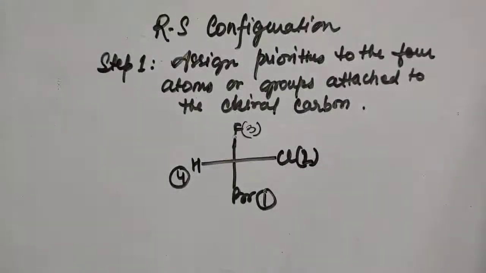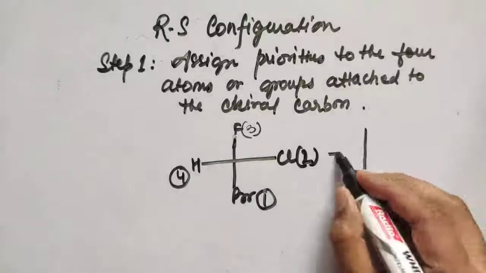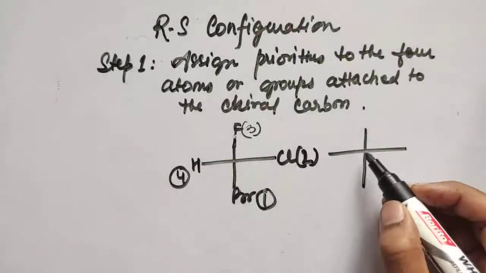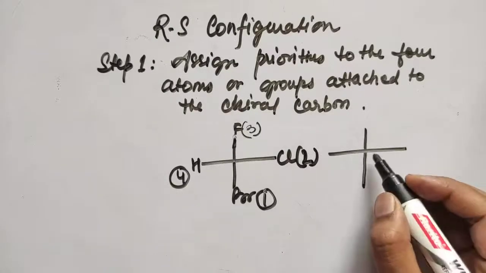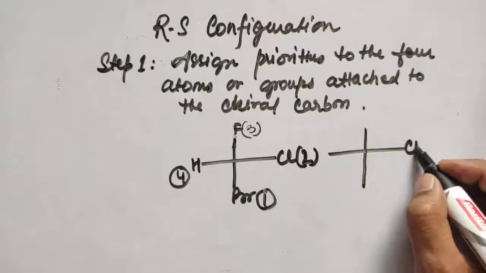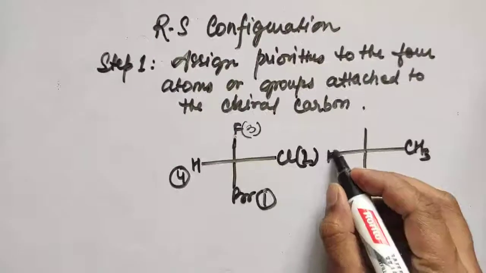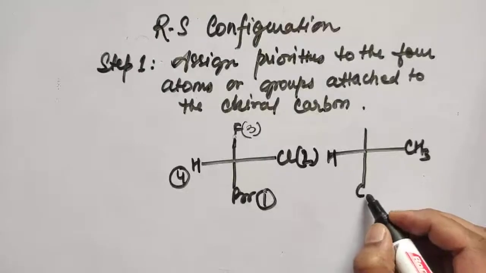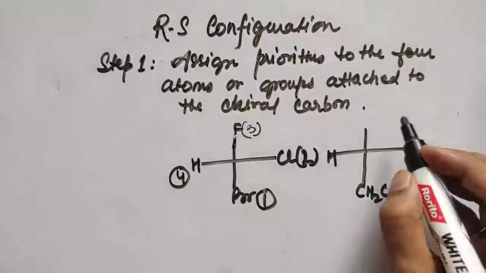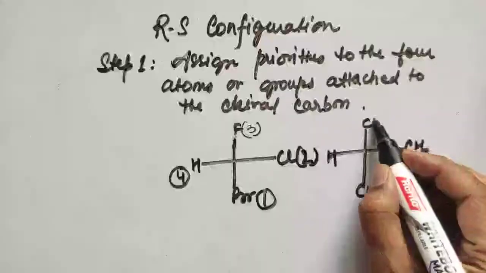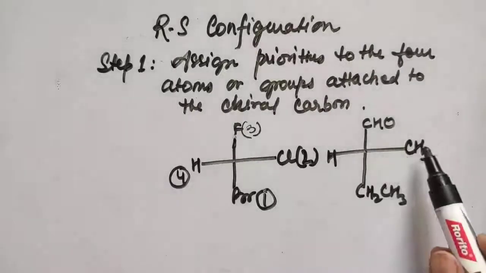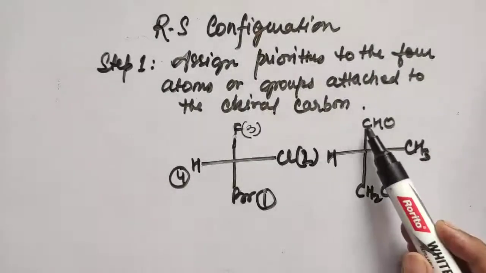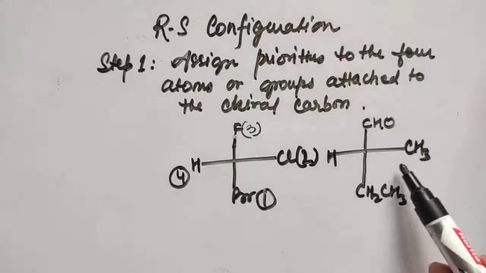Similarly, suppose some groups are attached to a chiral carbon, the carbon having 4 different groups attached to it. Suppose it is CH3. Here it is hydrogen. Here it is CH2CH3. And here it is, suppose, CHO. So here also we have to see the highest atomic number. Here the first atom attached to this carbon is carbon.